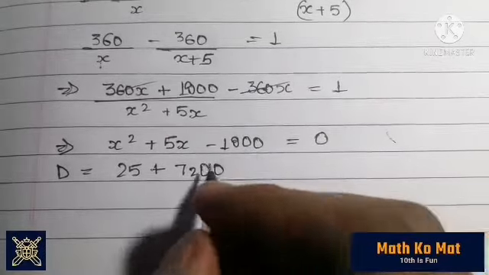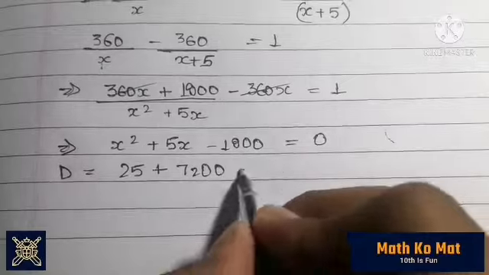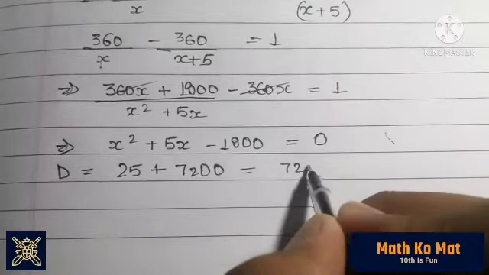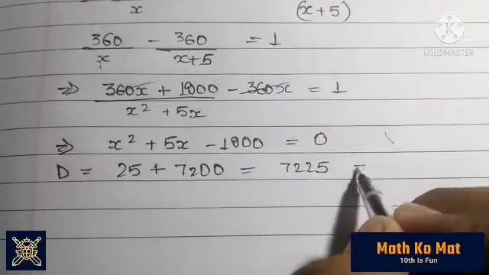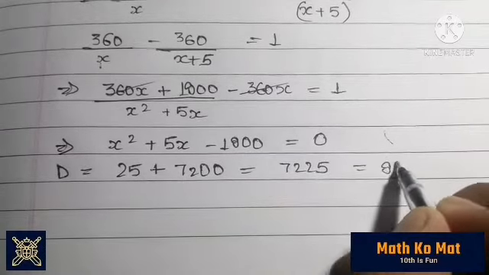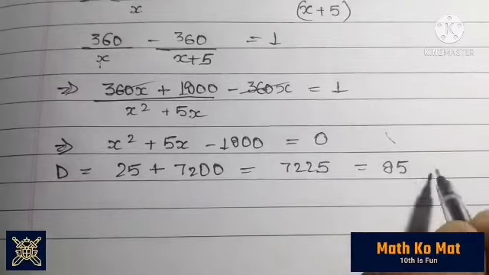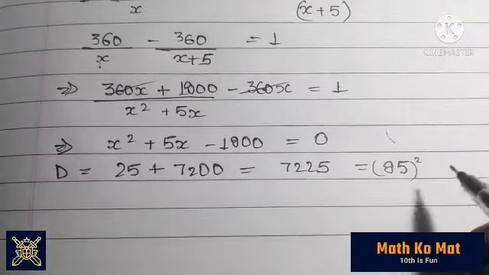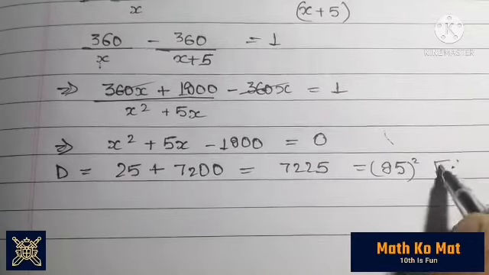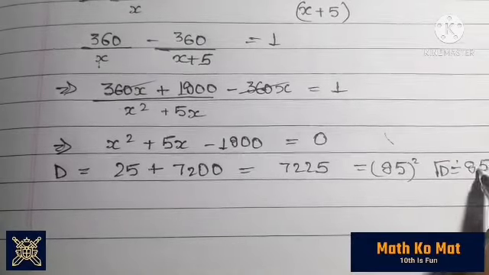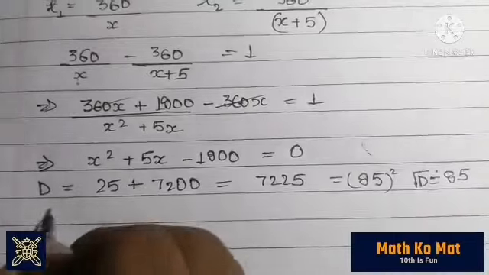So D is equal to 7225, and the square root of this gives us 85, because 7225 is 85 square. Therefore, root D is 85.